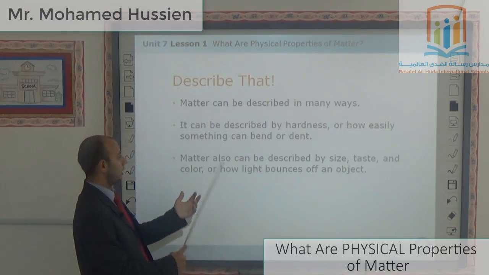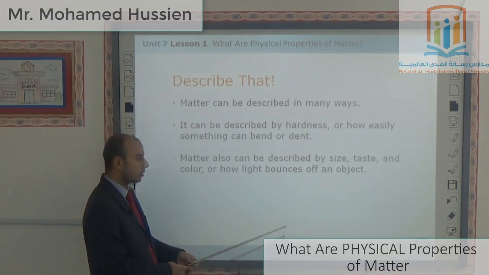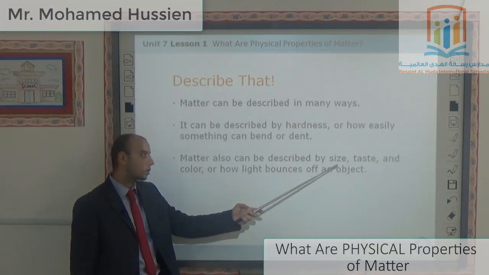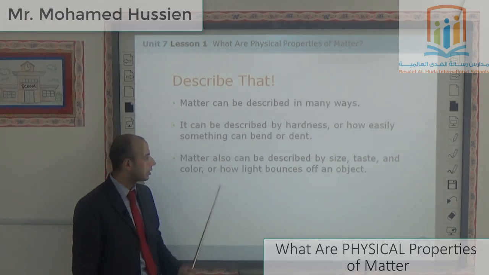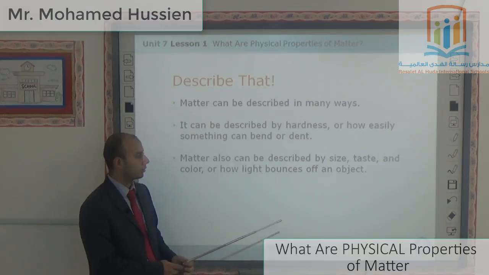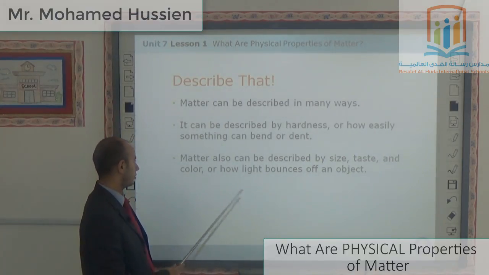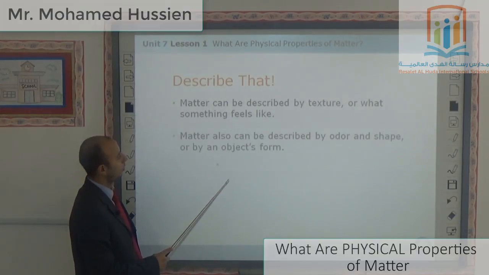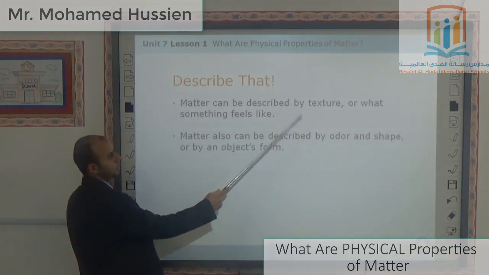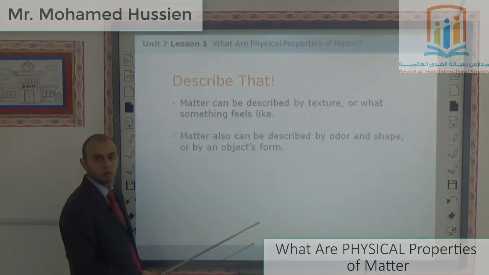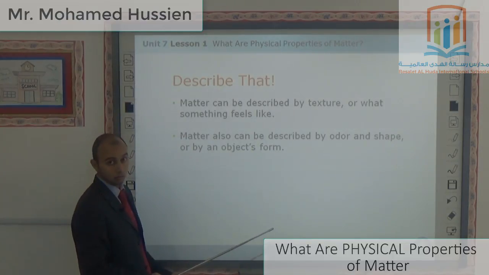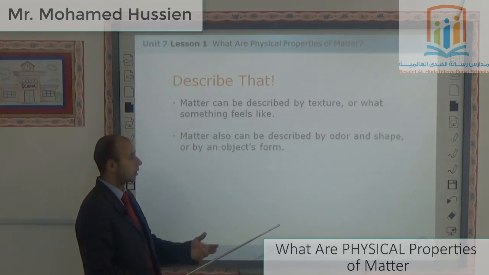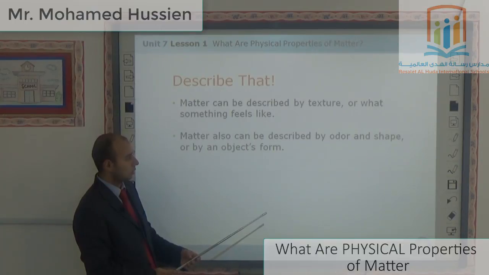Any matter is different from another, for example, according to its size, its color, and so on, like the taste, as we said before. We said texture, it's soft, for example, or hard, or rough.